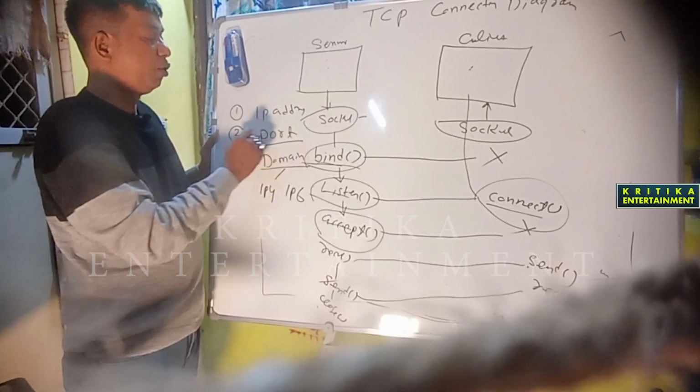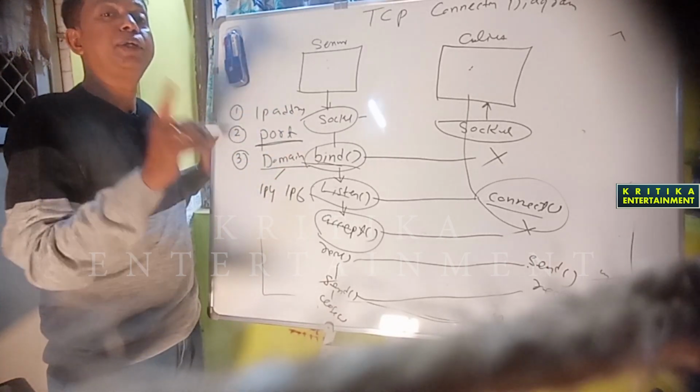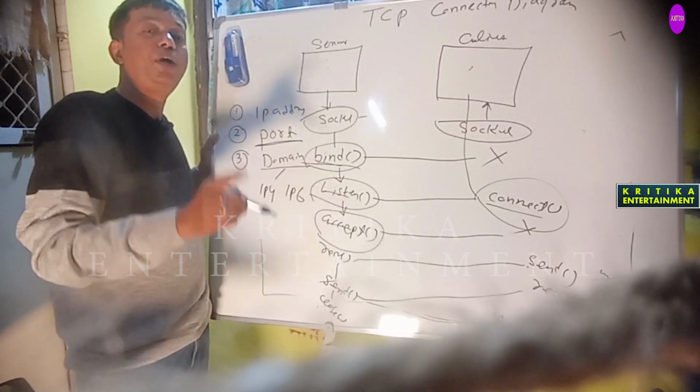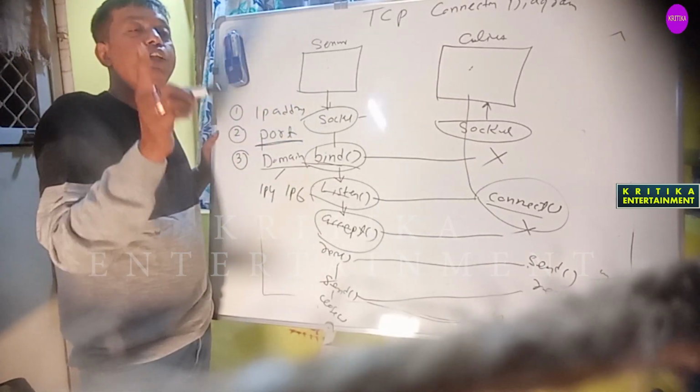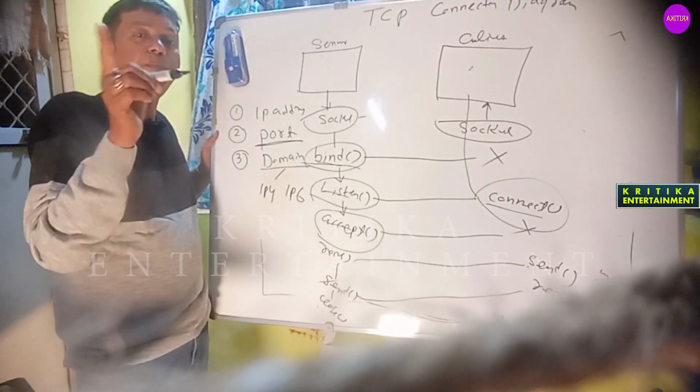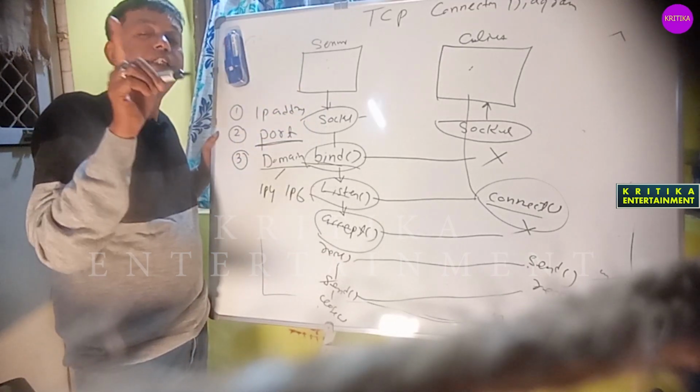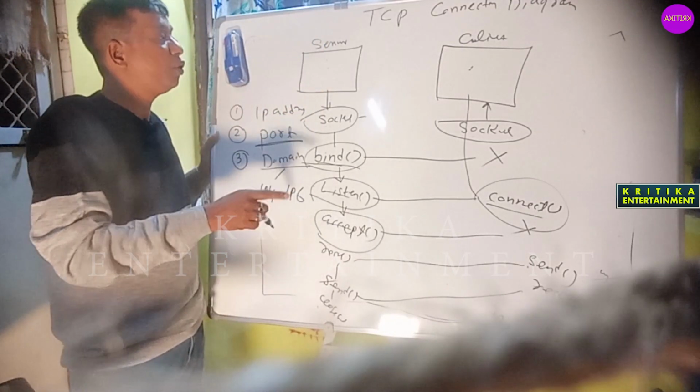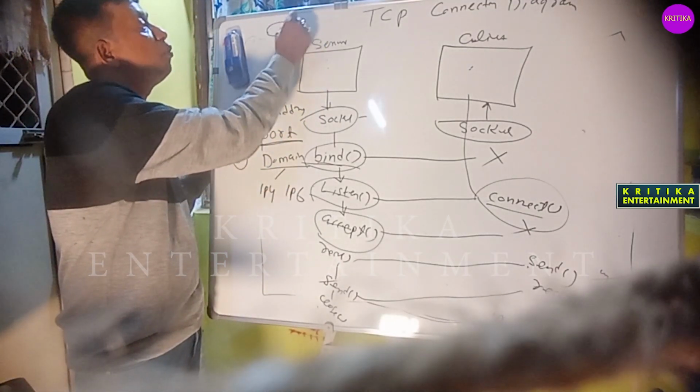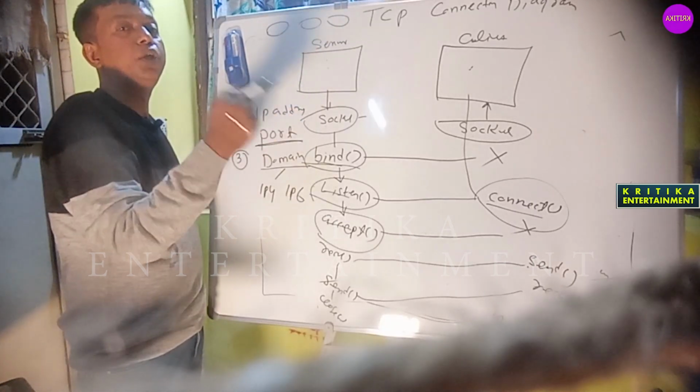And port is used to connect to a specific program. Suppose in your system Oracle is running, SQL Server is running, and Tomcat is running, and different programs are running. Each program will be assigned one port, which is called the port number.